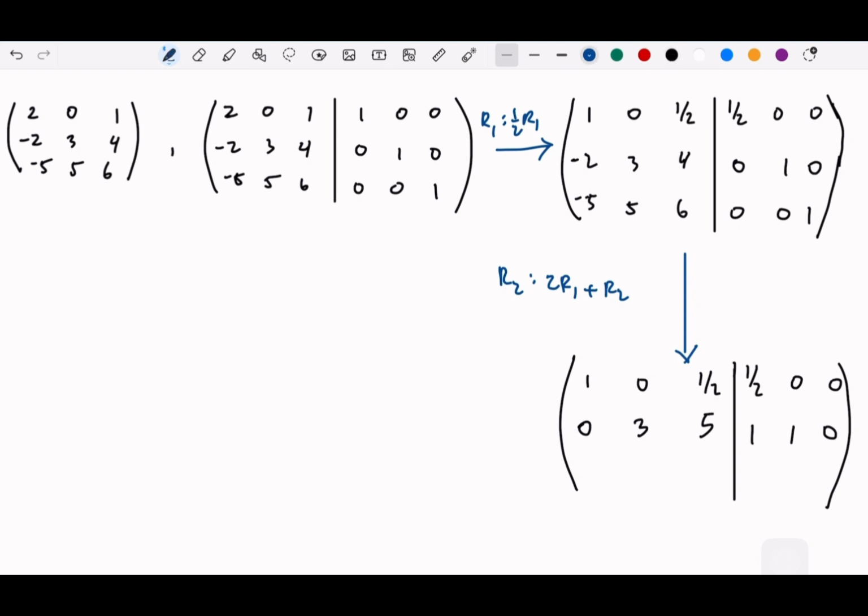And we can make R3 plus 5R1, right? This will be 0. 5/2, 5/2 plus 12, 17/2. Five over two.